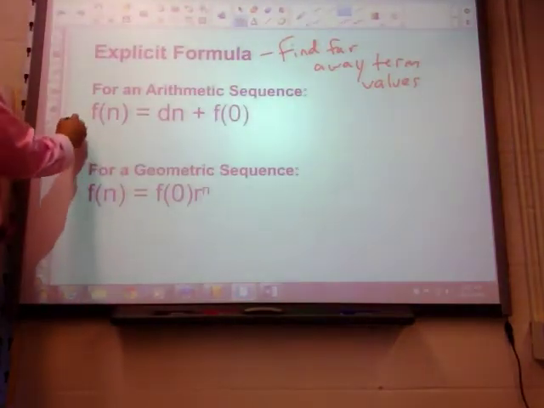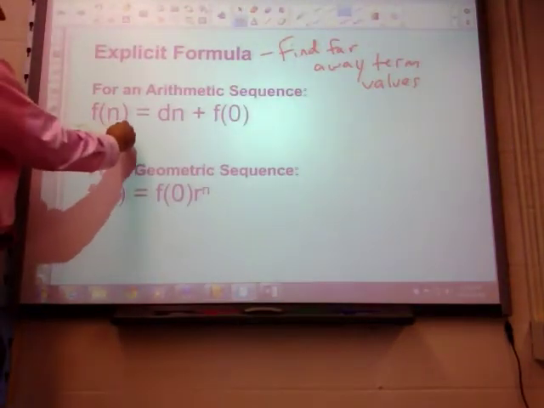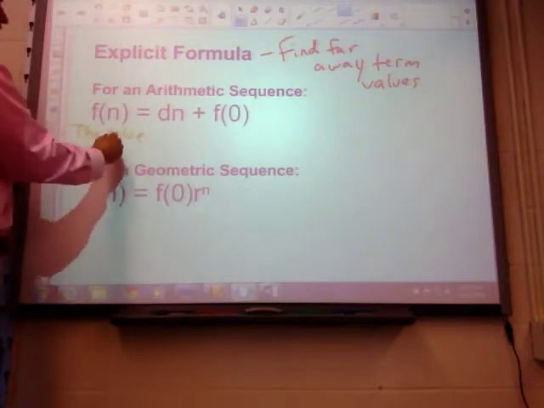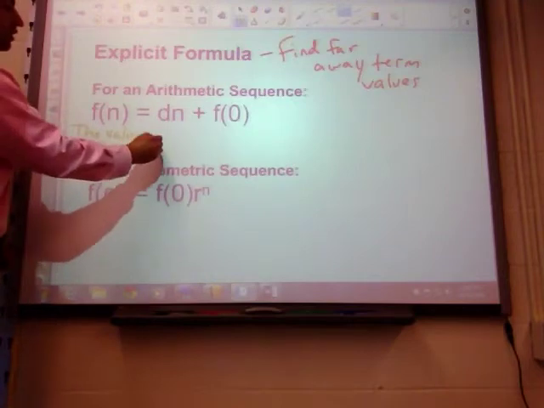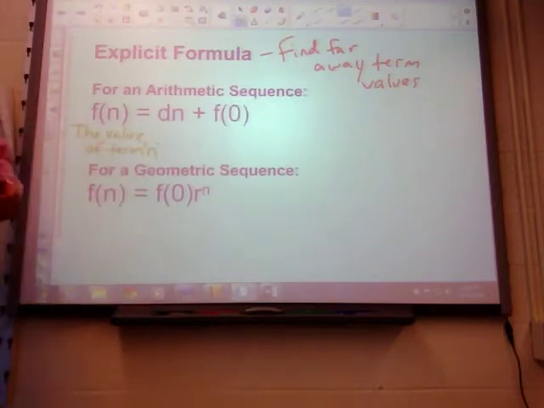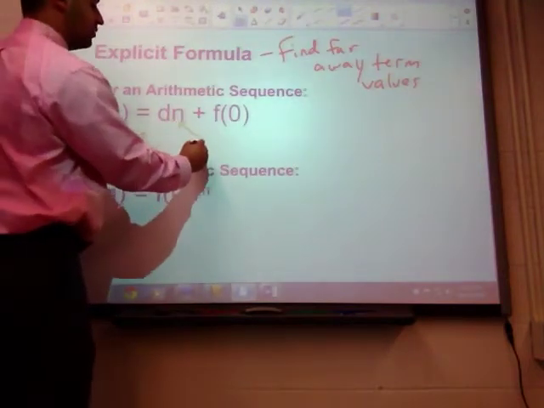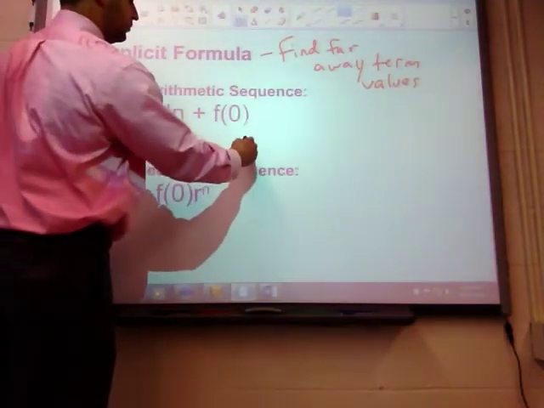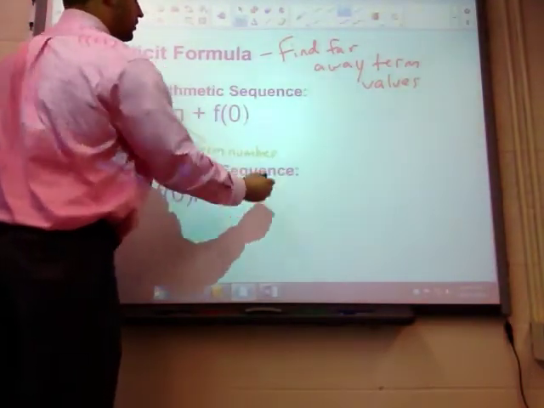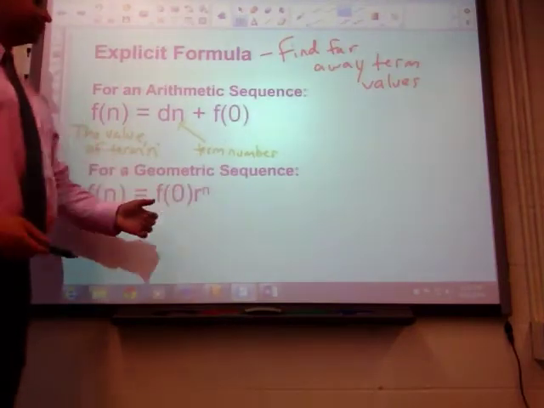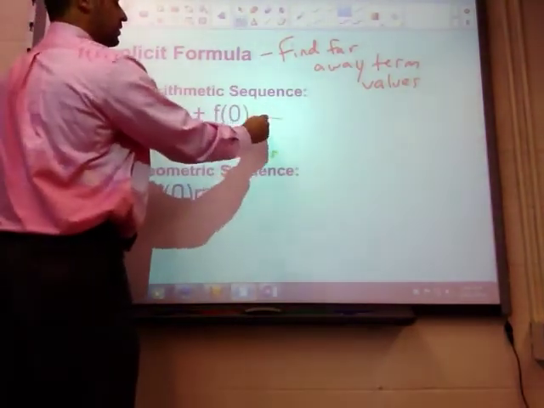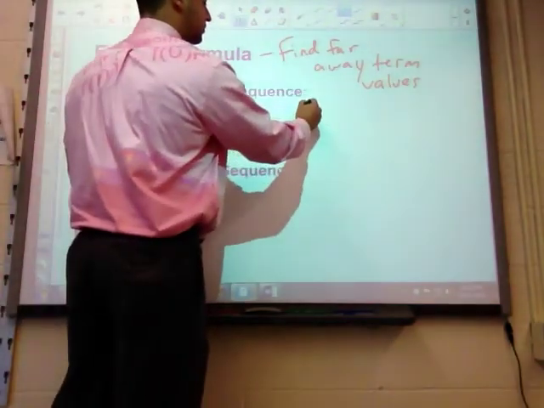So f of n is the value of term n. We don't know what n is. n is just the term number. So if I said I want the 20th term, that would be n equals 20. f of 0 is what we just talked about, the initial term.